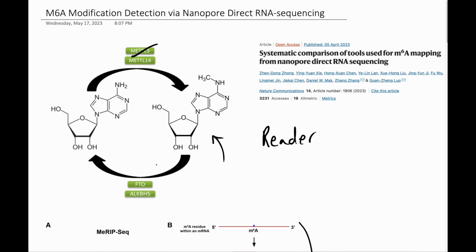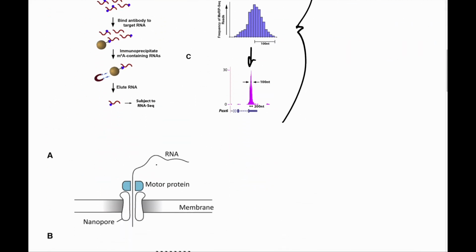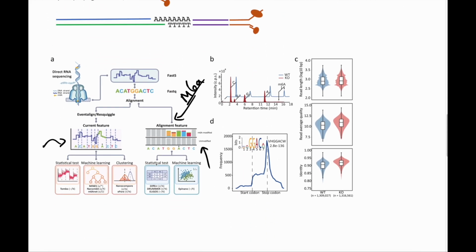So in this study, they generated one particular data set with mouse embryonic stem cells with METTL3 knockout and wild type, and utilized the METTL3 knockout in this capacity, where it's assumed that because the writer is knocked out, there will be no m6A modifications. And this was actually verified using mass spec techniques and otherwise in the paper.